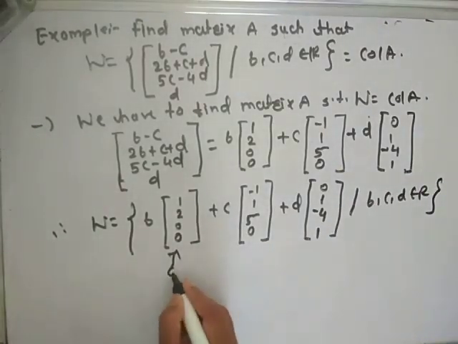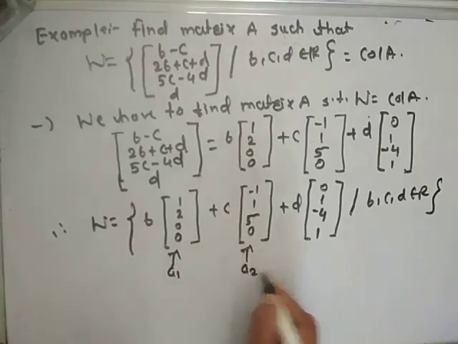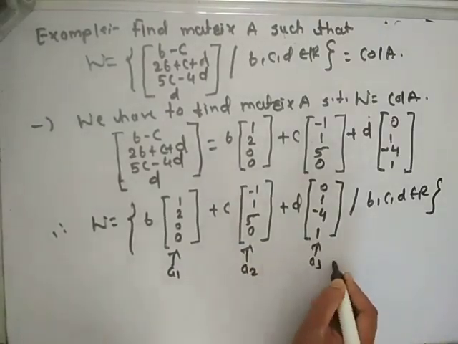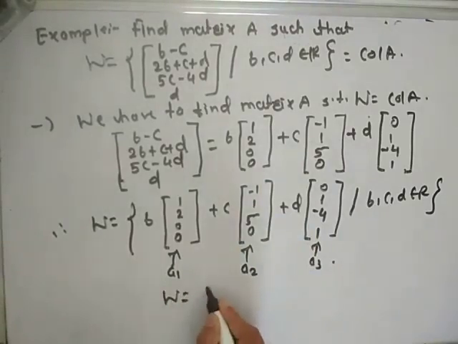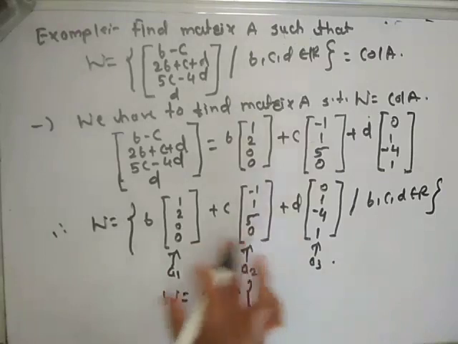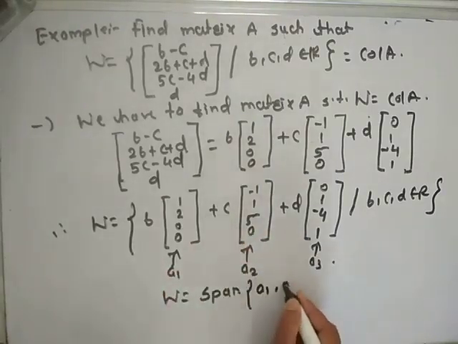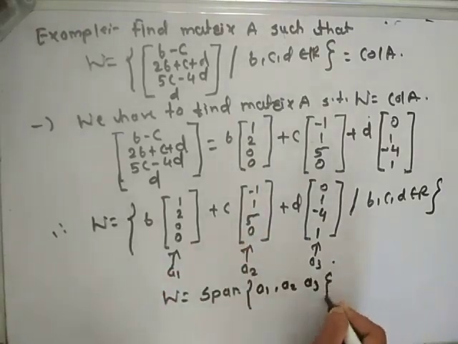Suppose this is A1, this is A2 and this is A3. So we can write W is equal to span of A1, A2 and A3.